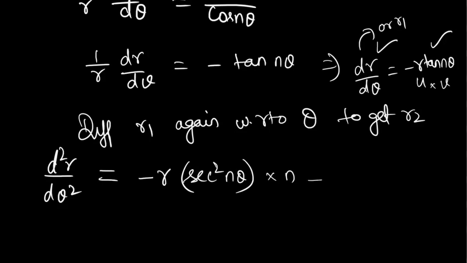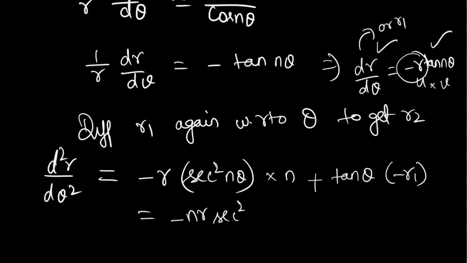And second term, plus, keep tan nθ as it is and differentiate minus r. If I differentiate minus r, I will get minus r1. Or if you want, you can take minus outside and completely solve it. This is same as minus n r sec² nθ minus r1 tan nθ.